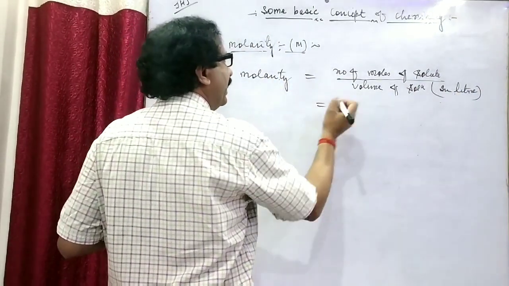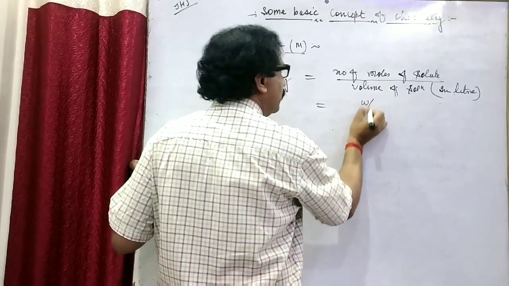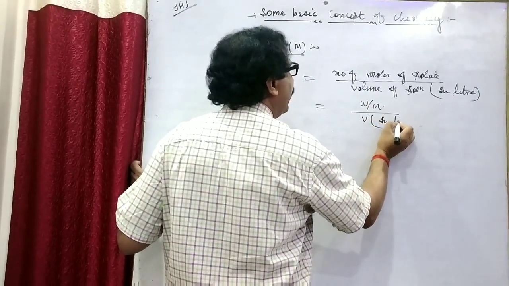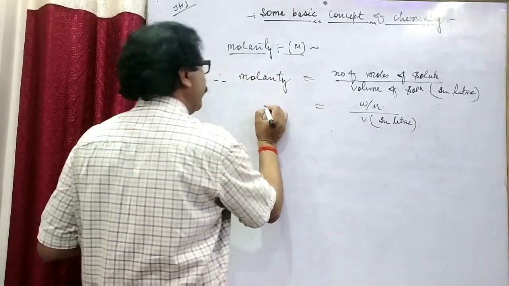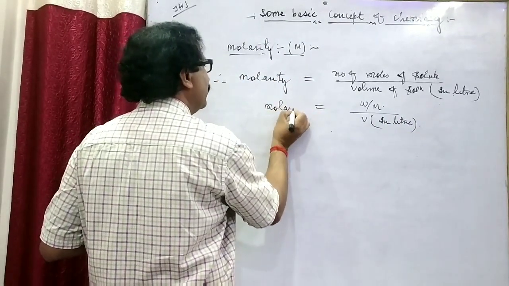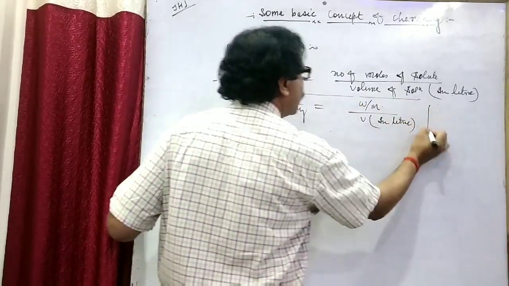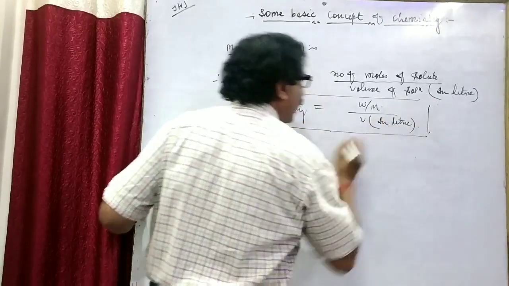And the number of moles is W upon M, whole upon V in liter. This is the mathematical approach of molarity.